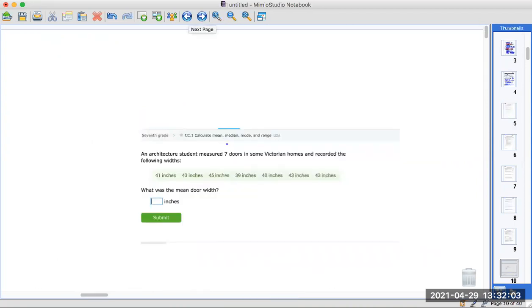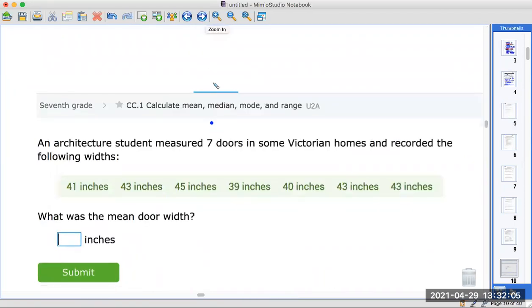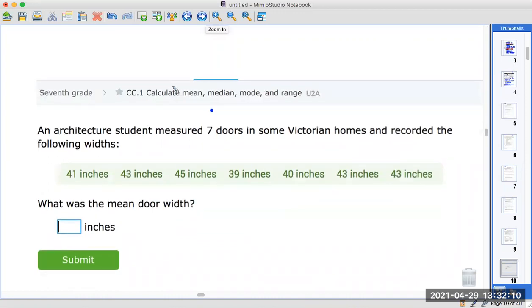So I'm giving you an IXL assignment, and I wanted to show you a few things. So this is 7th grade IXL, CC1. It's asking you to find the average, the mean average.